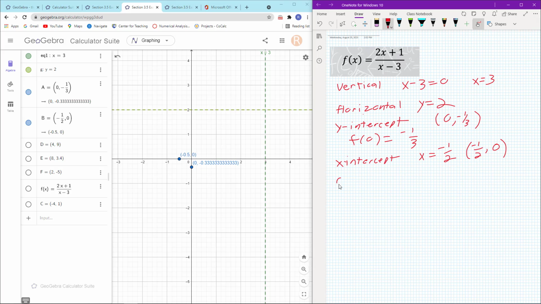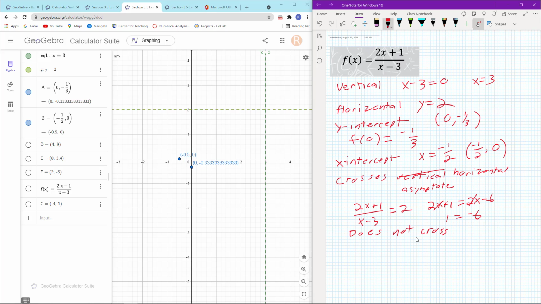So we set (2x + 1)/(x - 3) equal to 2. If we do, we will have 2x + 1 = 2x - 6. The 2x's cancel, and we have that 1 is equal to -6, which makes no sense, so it does not cross.